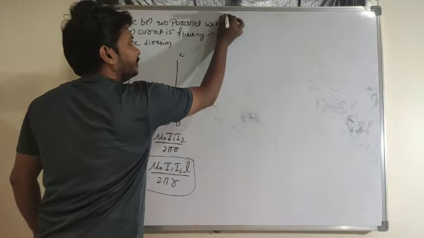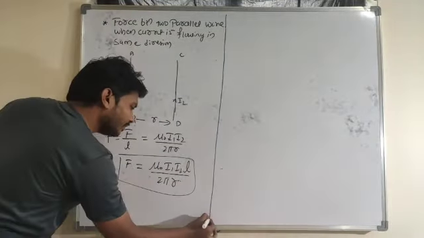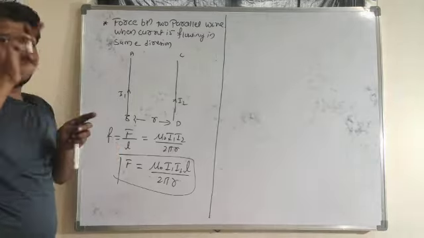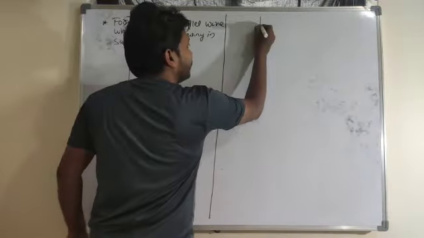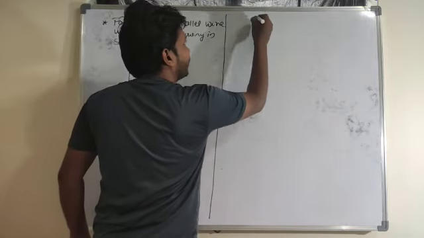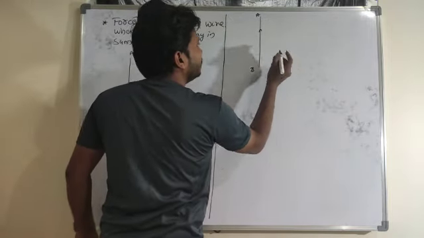So in this situation, I will consider one straight wire here, and another one, a rectangular loop. So for example, one is a straight wire AB.